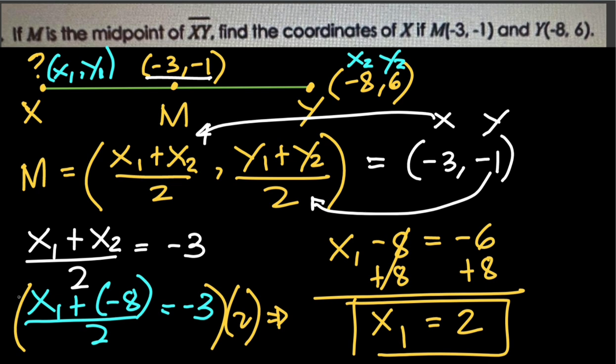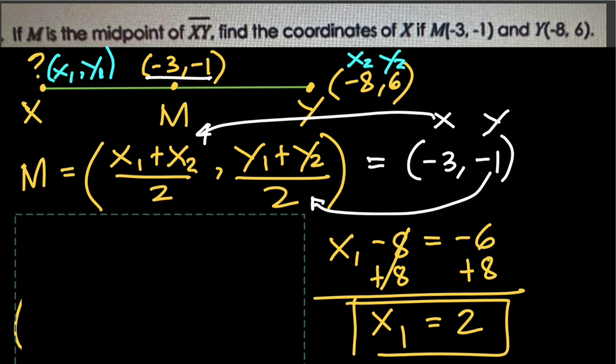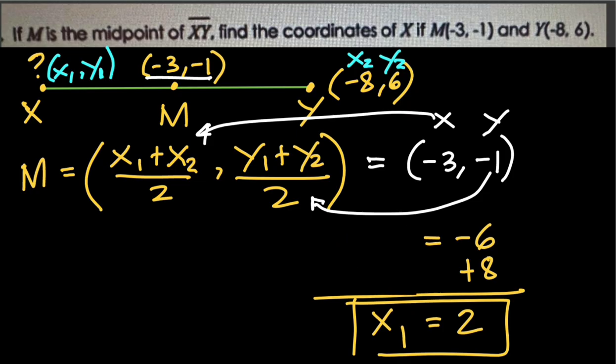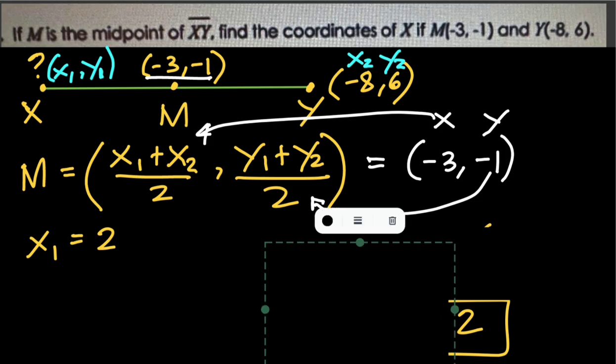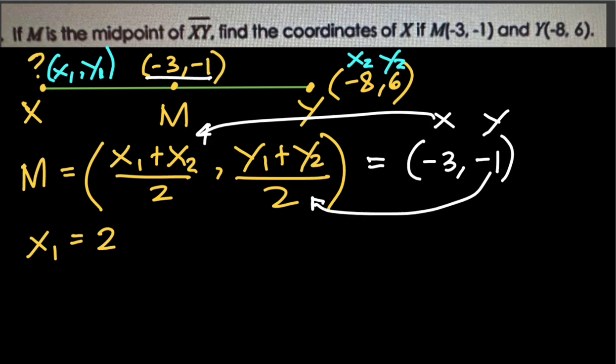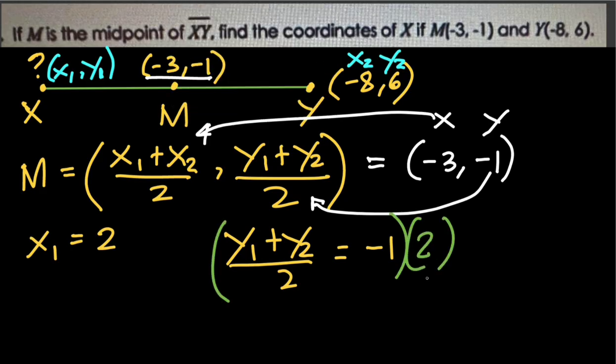Now that we already have the value of x sub 1, we can solve for the y coordinate, or y sub 1. So x sub 1 is equal to 2, and we solve for the y coordinate. It'll be (y sub 1 plus y sub 2) over 2 equals -1. We multiply both sides by 2.